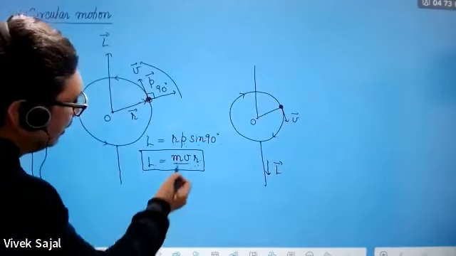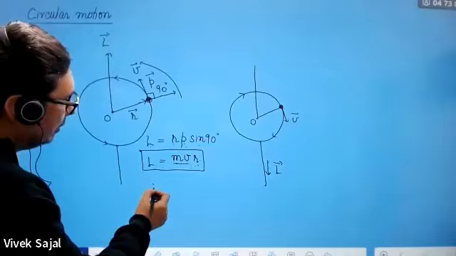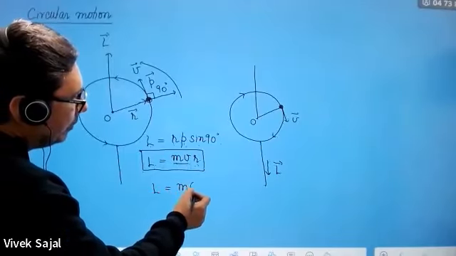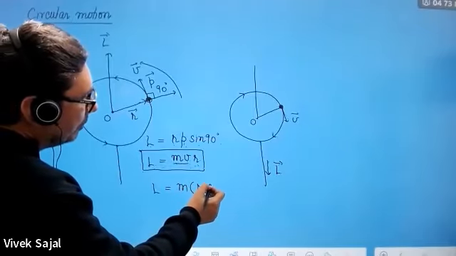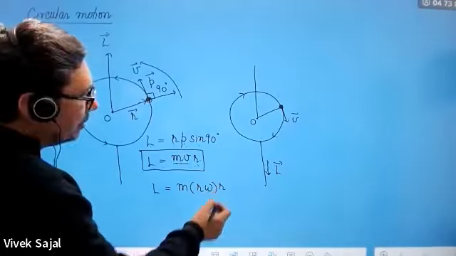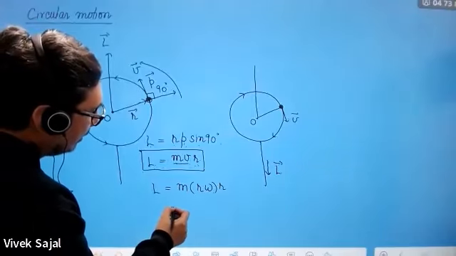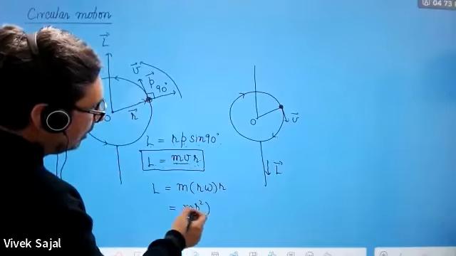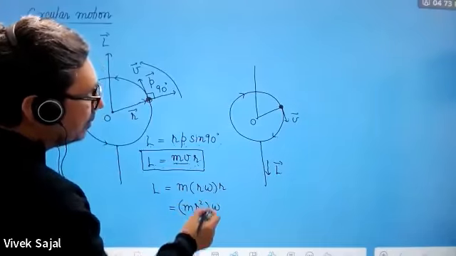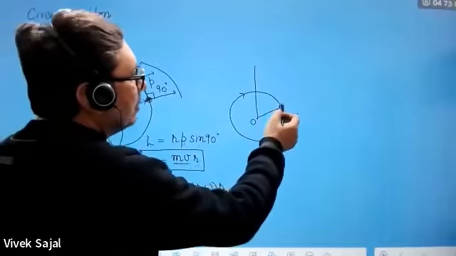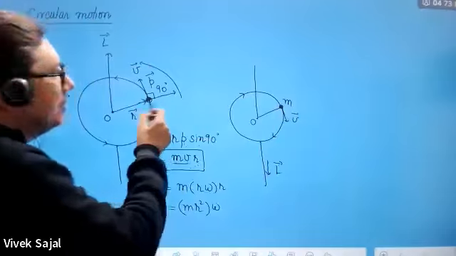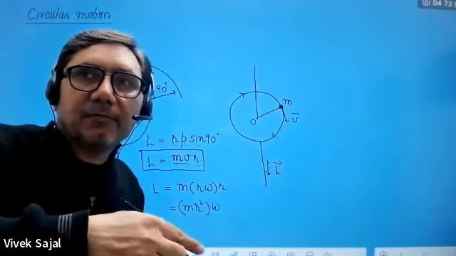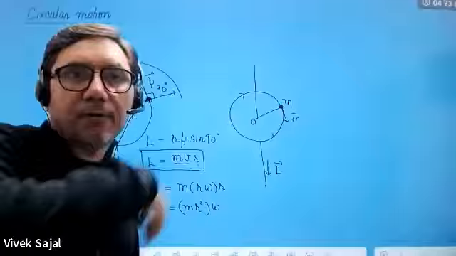Next thing, if I write this V from the circular motion, you know that V equals r omega. So I can write this as m r square, and this will be omega. Now you are having a look here in this diagram, a particle of mass m is rotating at a distance r from the axis of rotation in the circular form.